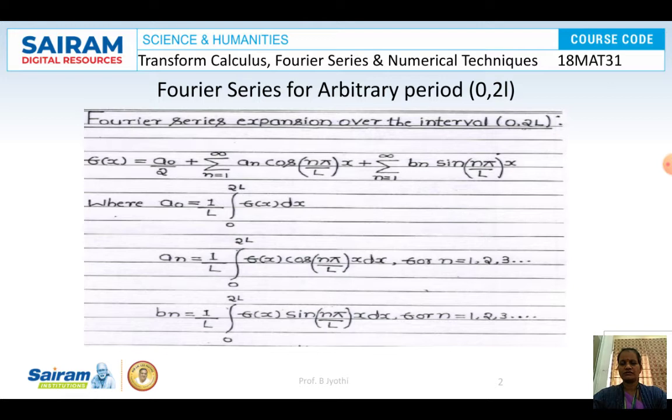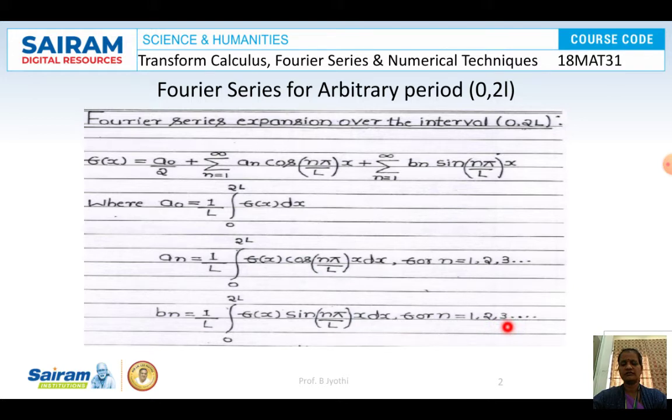The definition for that is f of x is equals to a0 by 2 plus sigma an cos n pi by L x plus sigma bn sin n pi by L of x, where a0 is given by 1 upon L integral 0 to 2L f of x dx, and an is given by 1 upon L integral 0 to 2L f of x cos n pi by L of x dx for n is equals to 1 to infinity, and bn is given by 1 by L integral 0 to 2L f of x sin n pi by L x dx for n is equals to 1 to infinity.